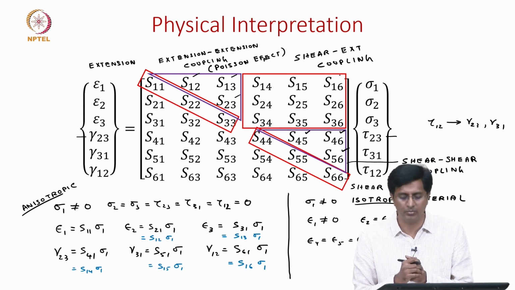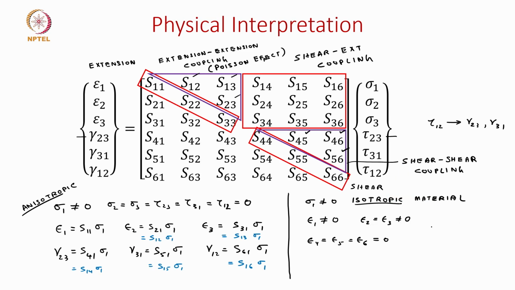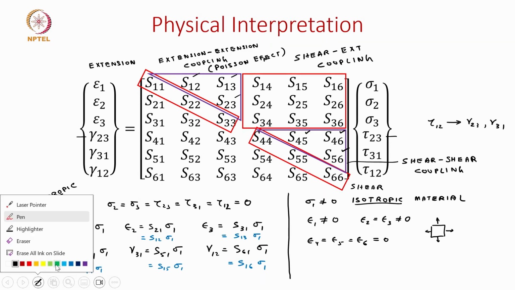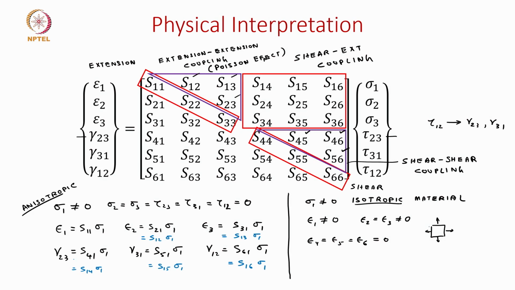The answer is no, because if I take a square and only apply normal stresses, we see that there are no shear strains in this material, because it can only shrink or expand based on whether the stresses are positive or negative.